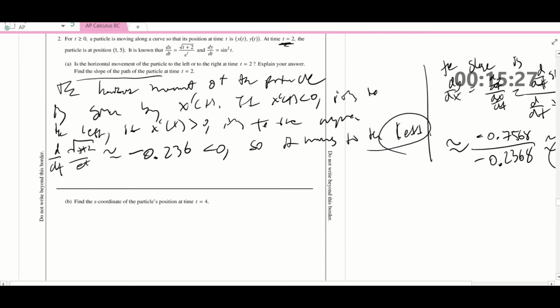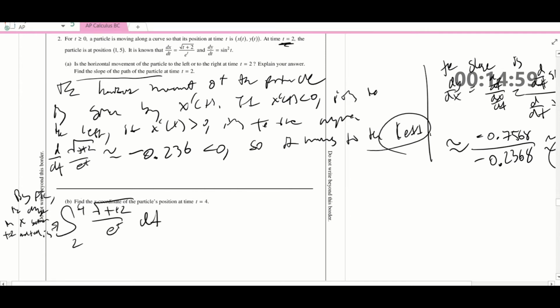It's your best friend, especially in calculus BC. By FTC, the change in x between t equals 2 and t equals 4 is the integral from 2 to 4 of the square root of t plus 2 over e to the t, dt.